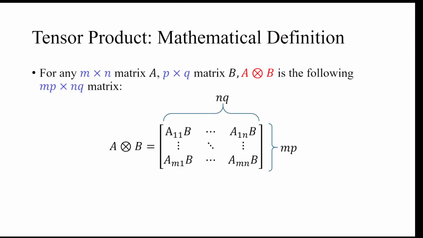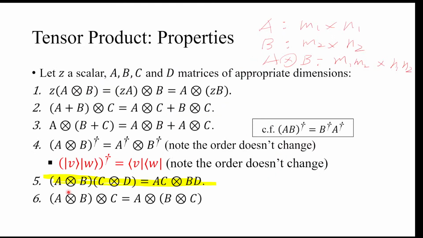So tensor product gives you two slots here, and further matrix multiplication will respect this slot. So A tensor B times C tensor D will equal AC tensor BD. And of course, this is only satisfied when A times C and B times D are defined. So you can only do this when the middle dimension between A and C match, and the middle dimension between B and D match. Okay, so this is the most important rule about tensor product.